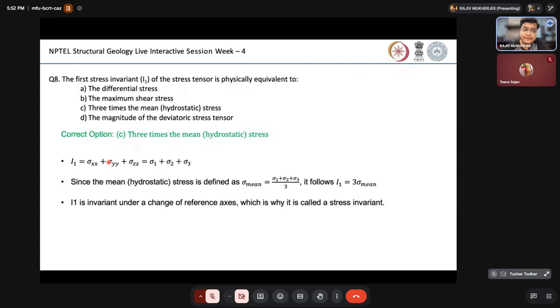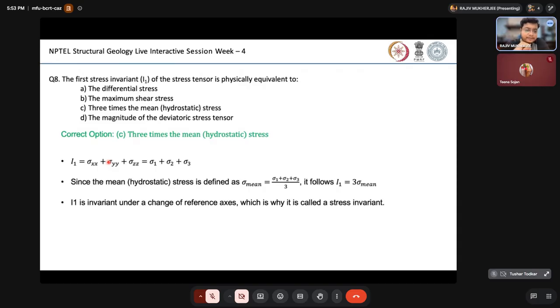So if you construct a Mohr circle, right, then the diameter of the Mohr circle along the x-axis will be the differential stress, but the radius will be the deviatoric stress, right?